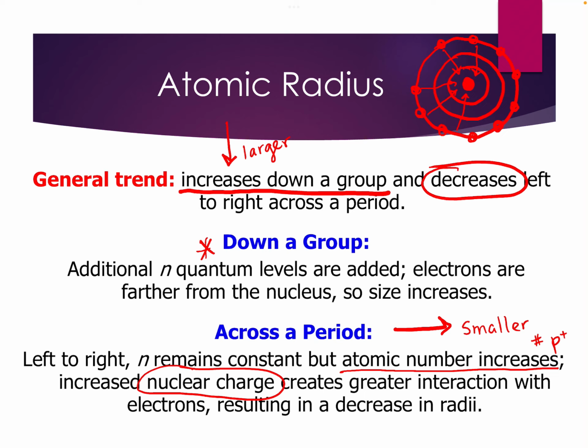You can think about it as magnets. We're putting a bigger magnet in the middle, and we're putting more magnets in the same distance around the outside, which is pulling this shell in closer to the nucleus and shrinking our atom. So again, as we go from left to right across a period, it's getting smaller because we have more protons in the middle and more electrons in the same energy level. That's key. And that's causing a decrease in our radius.